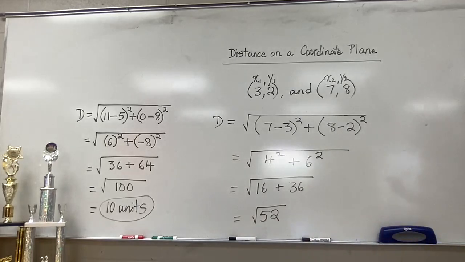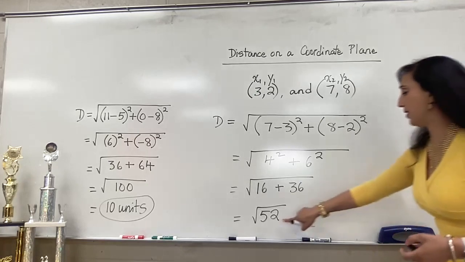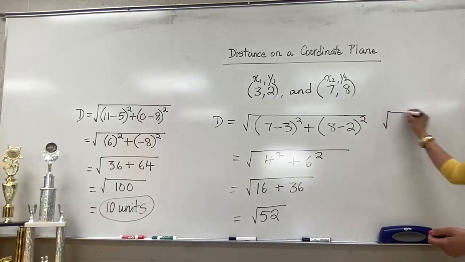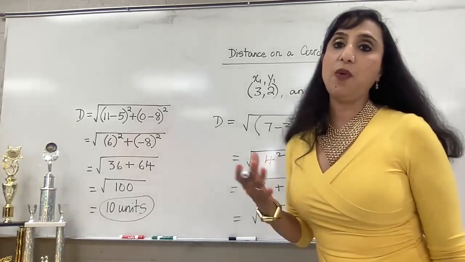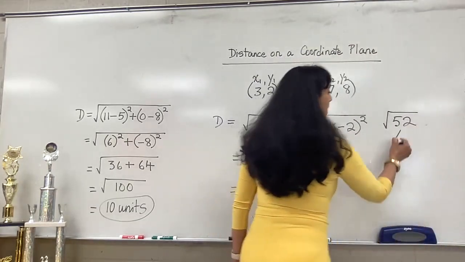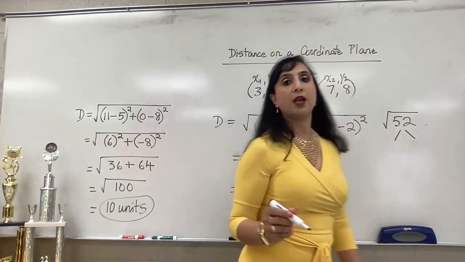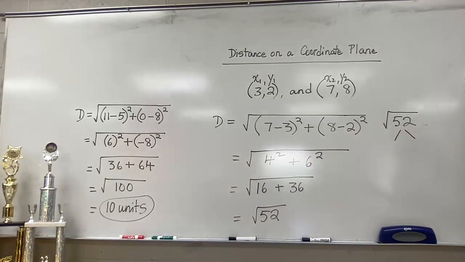Now, what I always suggest, of course, is that you've got to factor this out. Very often what I do is I just take this number, the square root of 52, and start doing the prime factorization to see where I can get a perfect square to break it apart further.